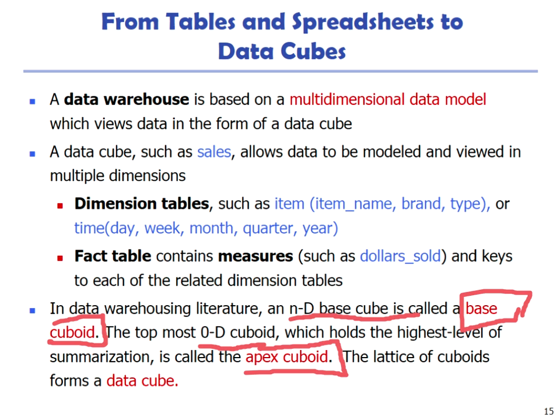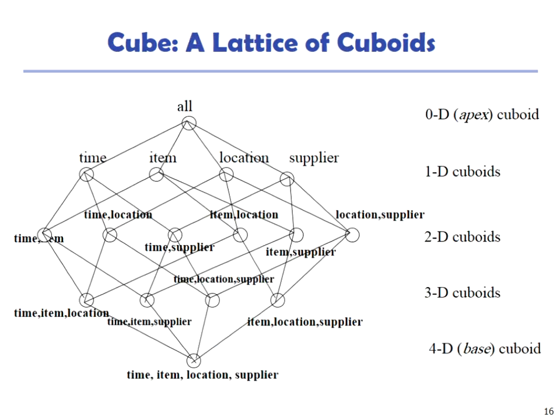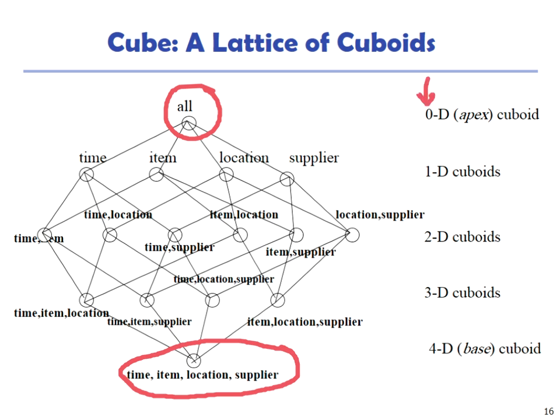So we can build a lattice of cuboids. Lattice of cuboids. So this is an example of a cuboid. This one is also an example of cuboid. When we have 0 dimension, in this case we talk about apex cuboid.